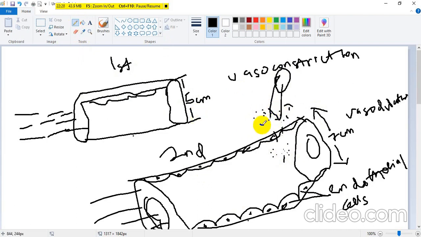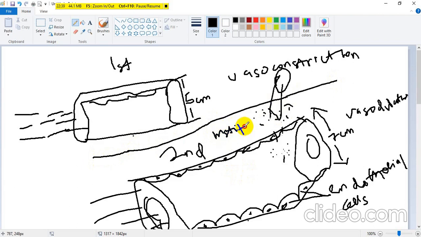If this is the overlying skin, this is the blood, and this is the interstitial compartment, outside the red blood cell. So these are the bacteria.